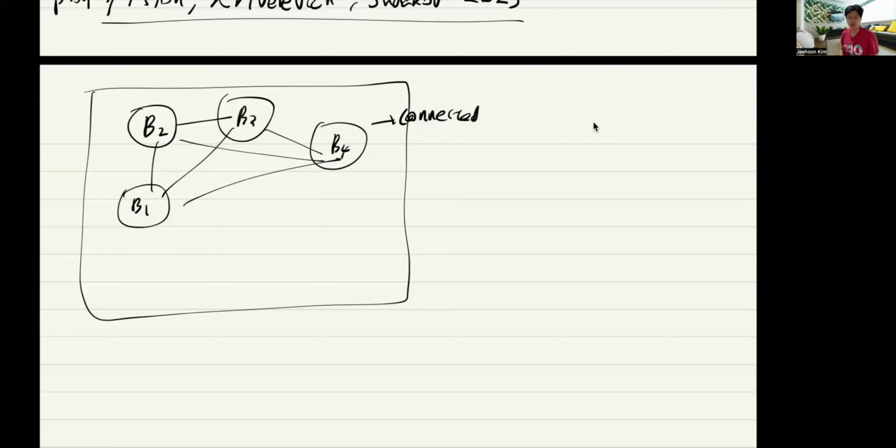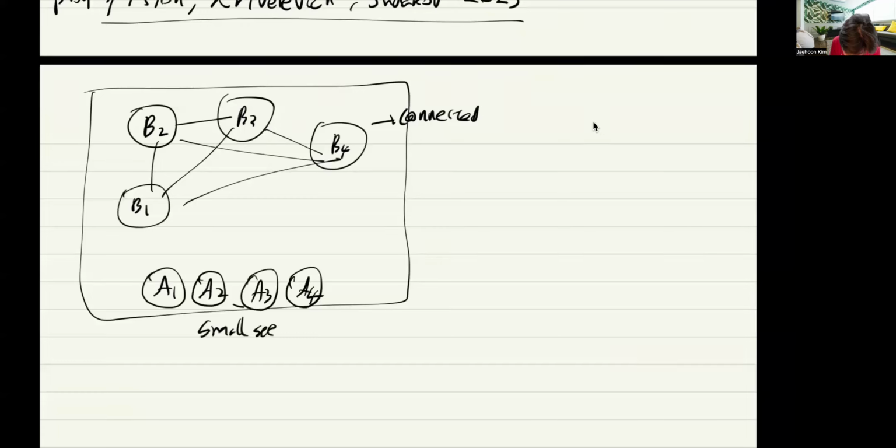Once we know four such sets, the next thing you want to do is find D5 so that it is connected and sends at least one edge to each of them. Let's say you take small sets A1, A2, A3, A4 such that every vertex outside Ai has a neighbor in Bi.